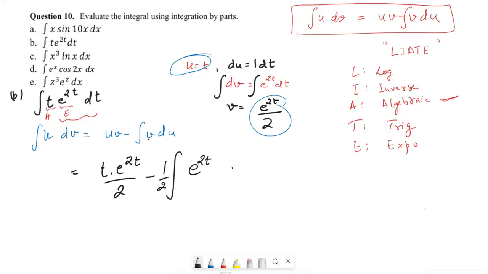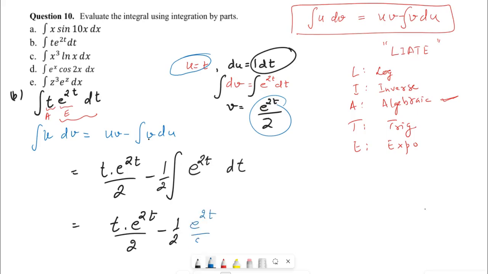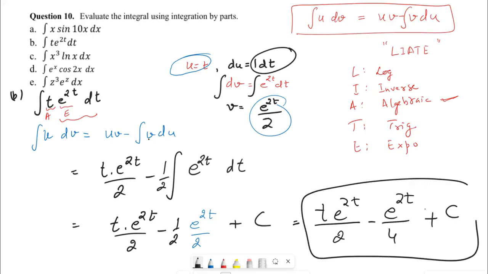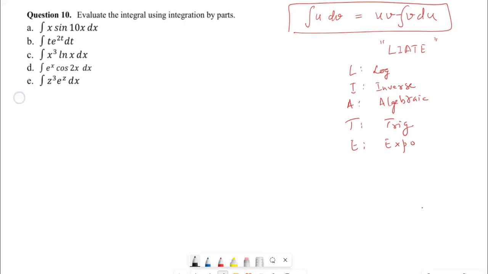I can write 1/2 outside. du. du is dt. t e^(2t) by 2 minus half integral of e^(2t), which is e^(2t) by 2 plus c. So your final answer, t e^(2t) by 2 minus e^(2t) by 4 plus c.